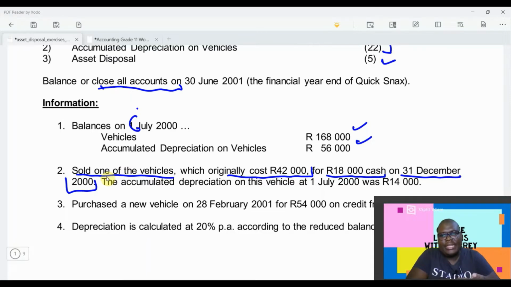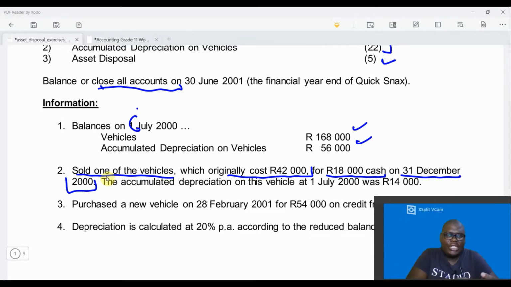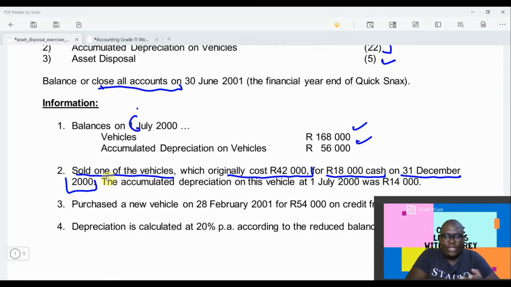And then they're saying that the accumulated depreciation on this vehicle on 1 July was 14,000. Okay, now this is what we're going to do. We're going to start firstly by removing the cost out of our books.